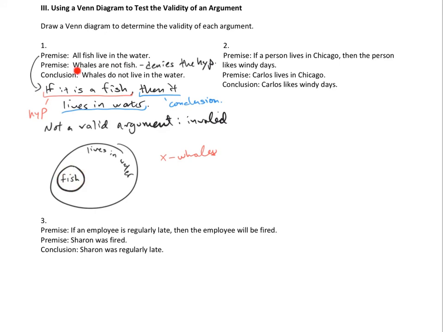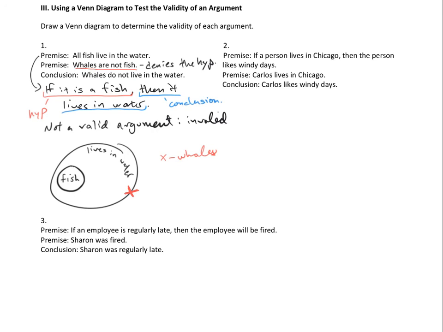But the second premise doesn't tell us anything about whether or not whales live in the water or don't. Everything inside this big bubble lives in the water, and everything outside this big bubble does not live in the water. So we have to put this x right on the border, like this. Because just from premise 2, whales are not fish, that doesn't tell us whether or not they live in the water.